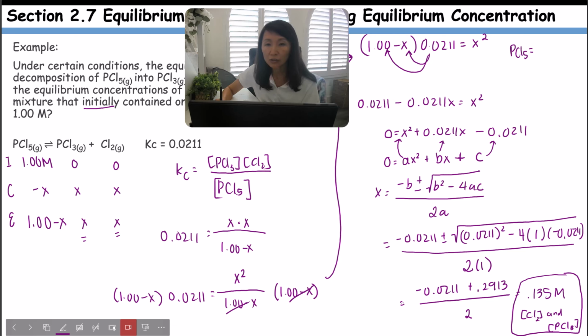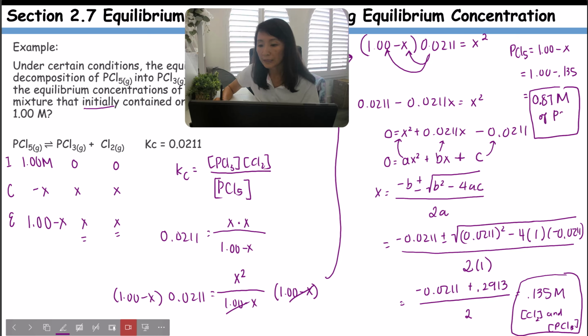And you see the concentration at equilibrium is 1.00 minus the X. We know X, which is 0.135. So if we were to subtract the two and round off, we would get 0.87, yeah, 0.87 with the correct sig figs, molarity. And so that's the concentration for PCl5.